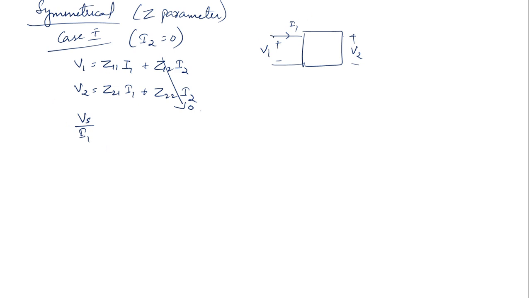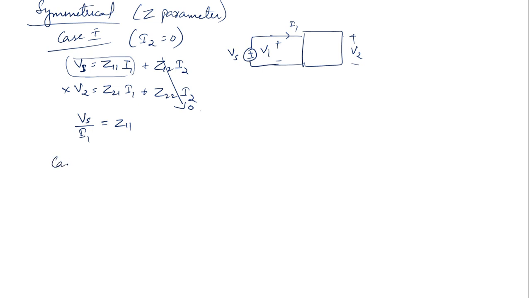And over here you are going to give a supply of Vs. So instead of V1, here you will be having Vs. If your V2 voltage is still there, since it is open circuited, you don't want this ratio. You want Vs by I1. So what will be Vs by I1? Vs by I1 is equal to Z11.